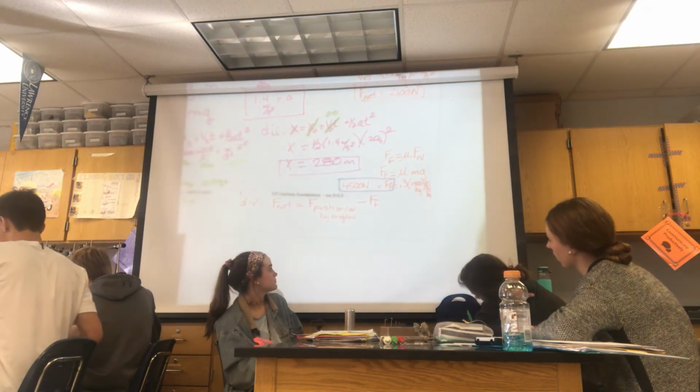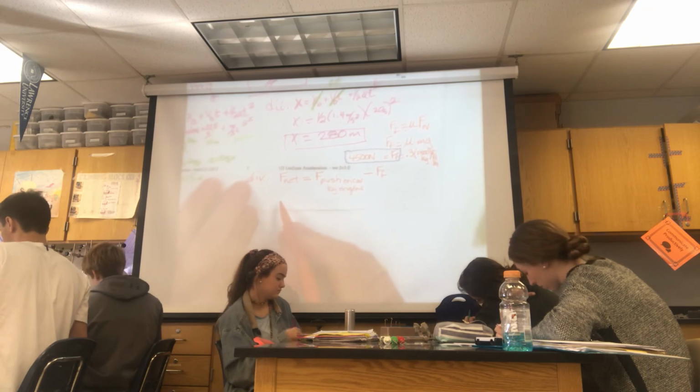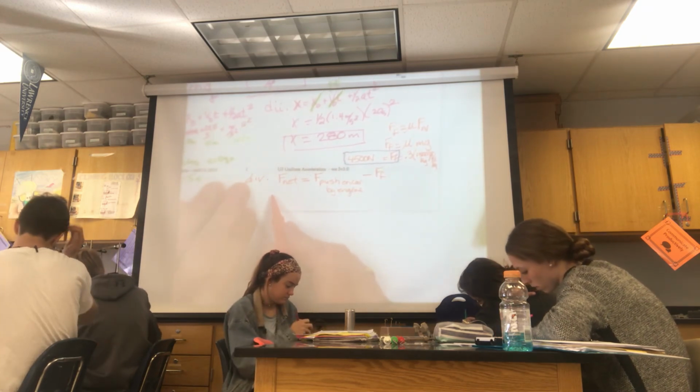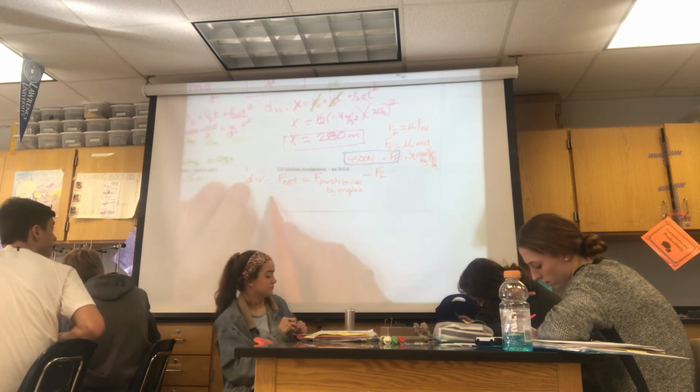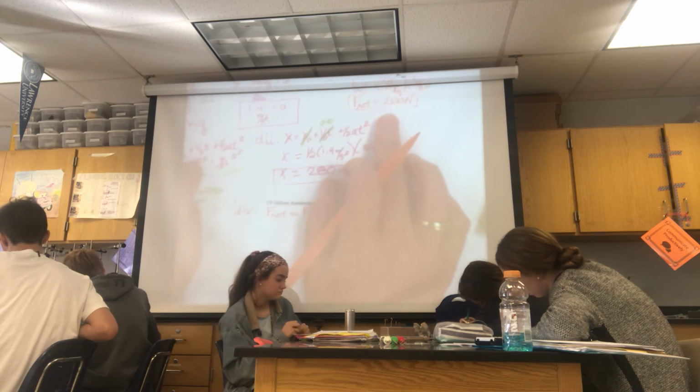All right. So now, last one, fast one. Can I find the engine force on the car? How can I do it? What's F net? I know F net from up here. Yes, it's 2,100.